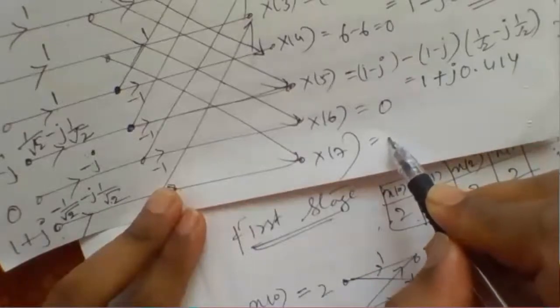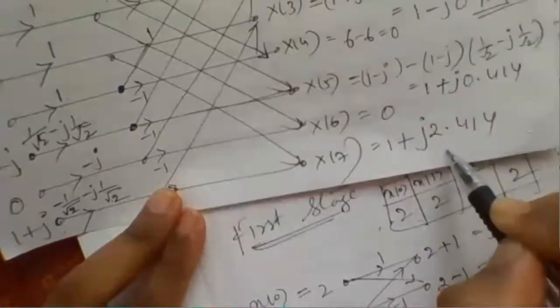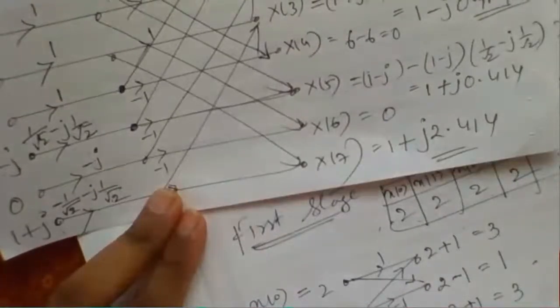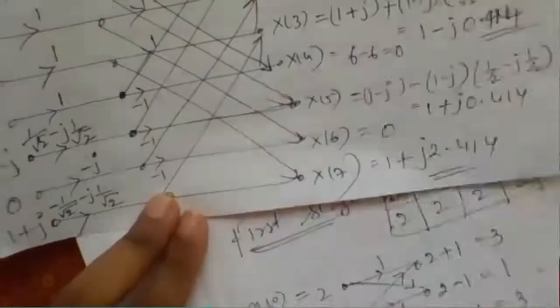and the last X of 7 will be simply 1 plus j 2.414. So therefore the third stage results, now you write a final list. The third stage results are, I am writing now X of k.